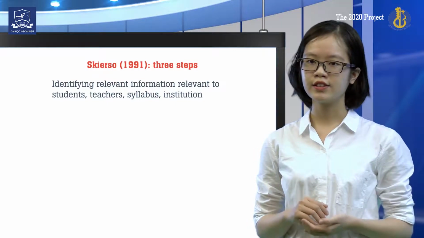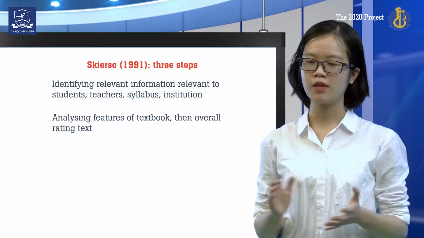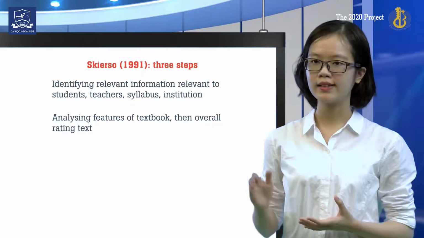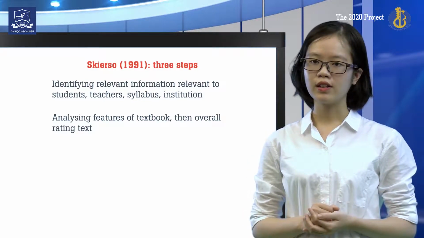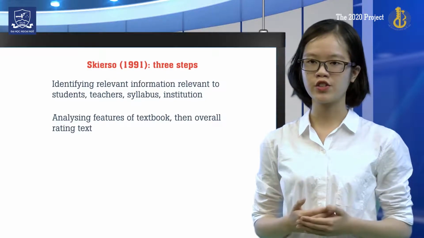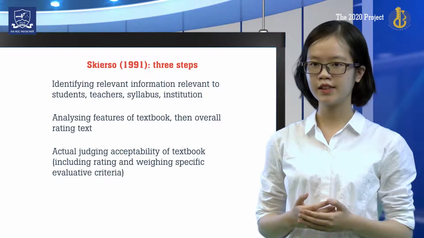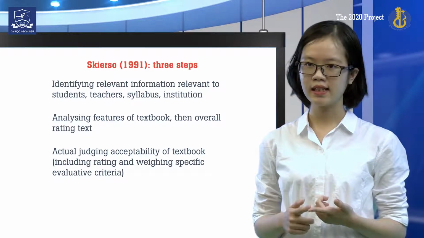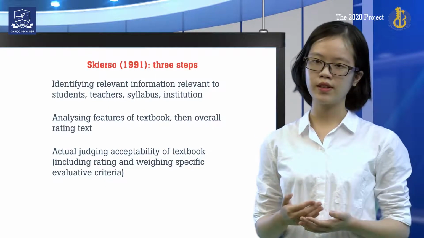Secondly, it is the stage of analyzing features of the textbook, then overall rating the text. Finally, course designers have to care about the actual judging of the acceptability of the textbook, including rating and weighting specific evaluative criteria.